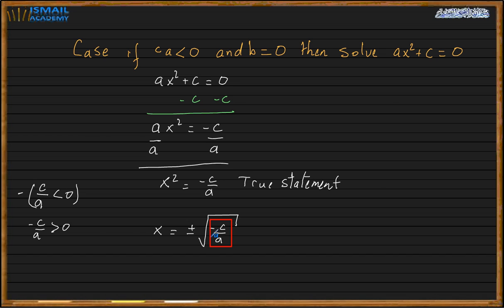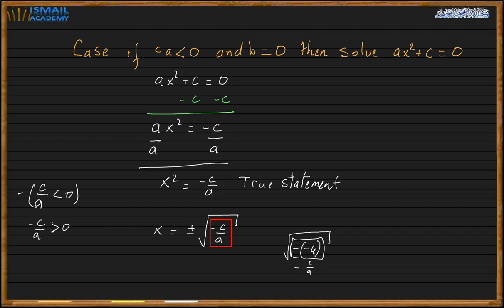Like, for example, if c over a is minus 4, this is c over a, and this is a minus, so the whole thing is positive.